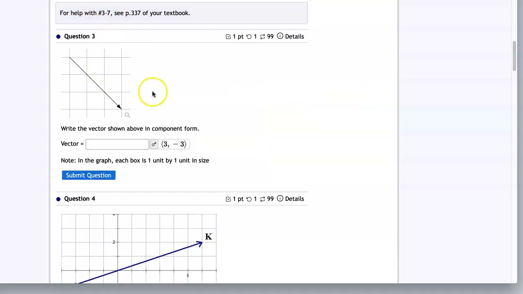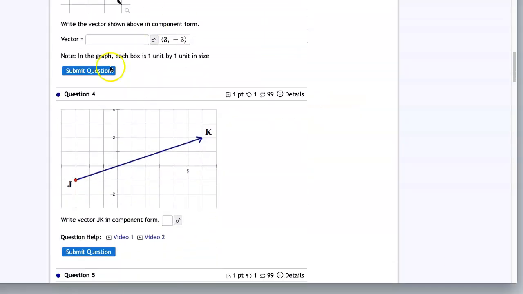Okay, so next question. In question number 4, you see again that J is starting way out here at negative 3, negative 1, and K is way over to the right here at 6, 2. However, we want to ask ourselves, what is really happening with this vector JK? How far over to the right does it go, and then how far up does it go?